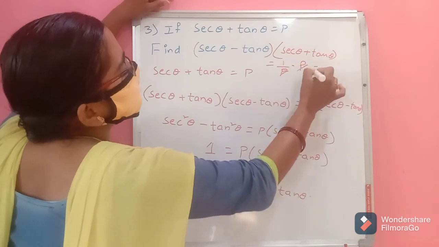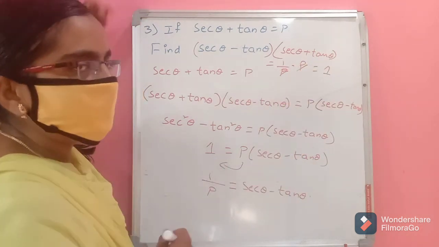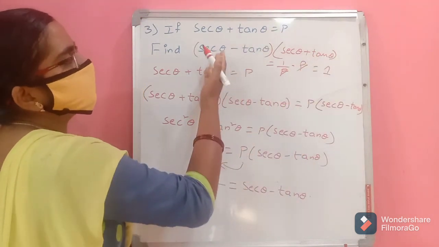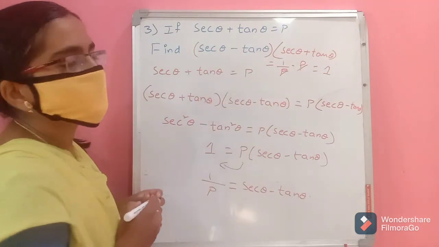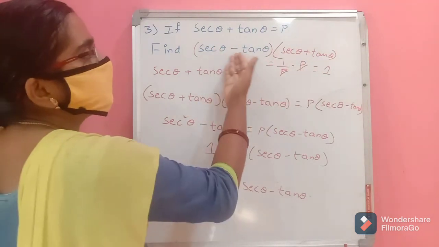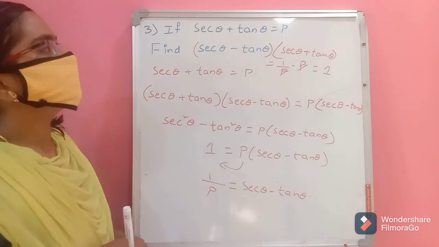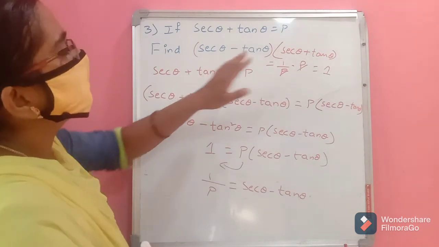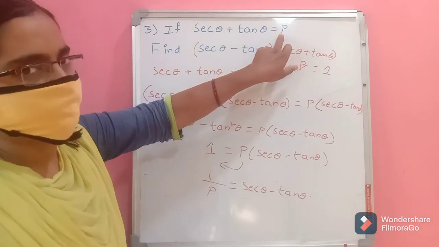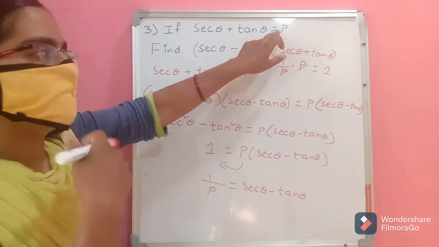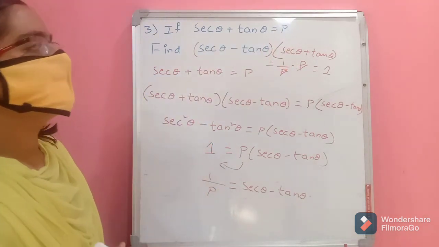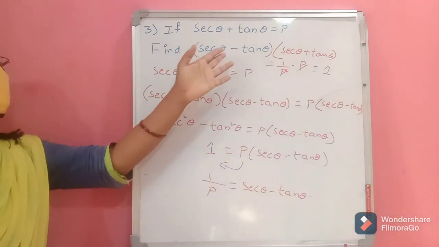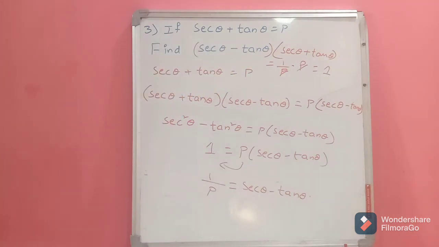P gets cancelled, and the result is 1. Actually, there is no need to do this. Sec theta minus tan theta into sec theta plus tan theta is of the form a minus b into a plus b, so it is sec square theta minus tan square theta. They won't give this p; they will give some value, whatever value they have given, we simply get sec square theta minus tan square theta, which is always 1.